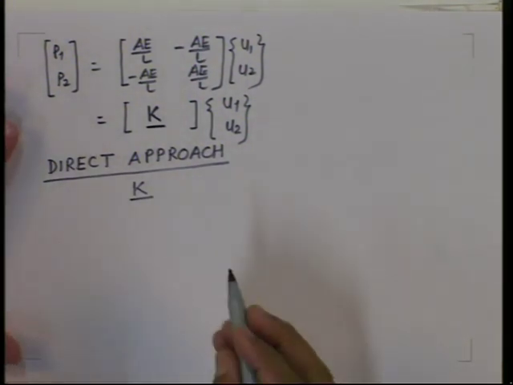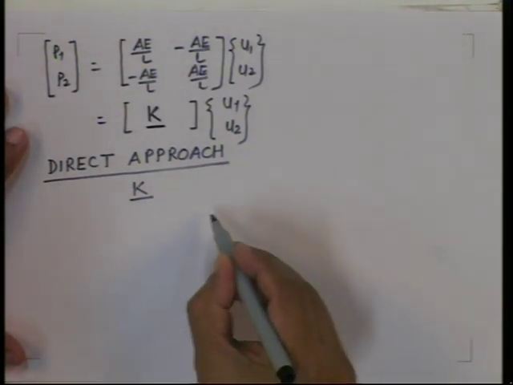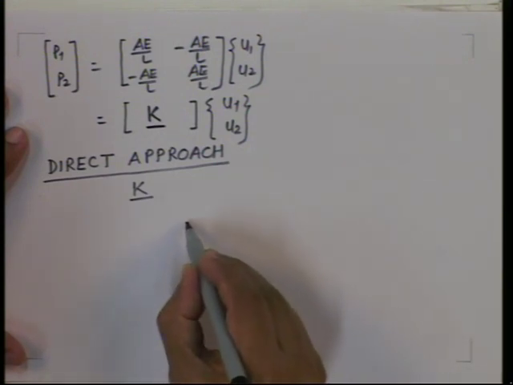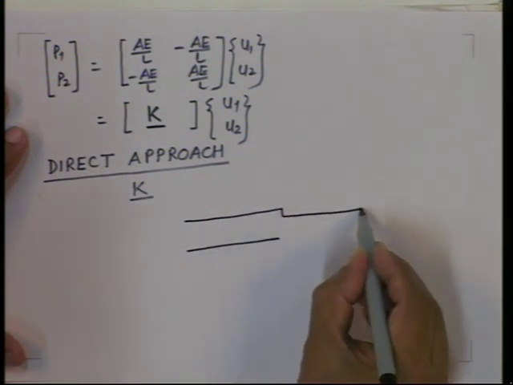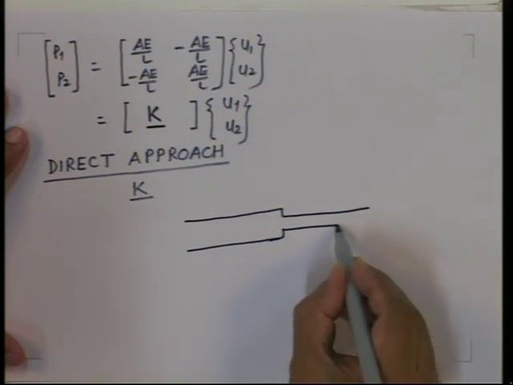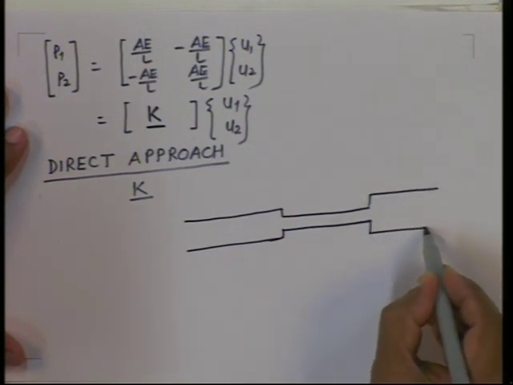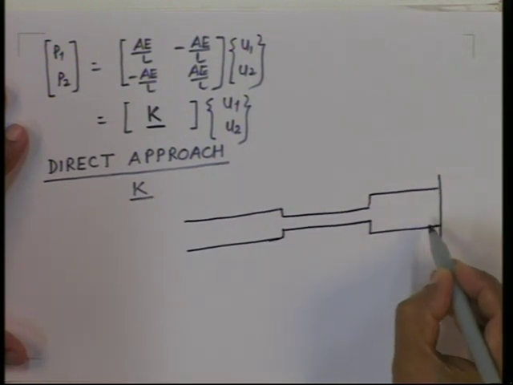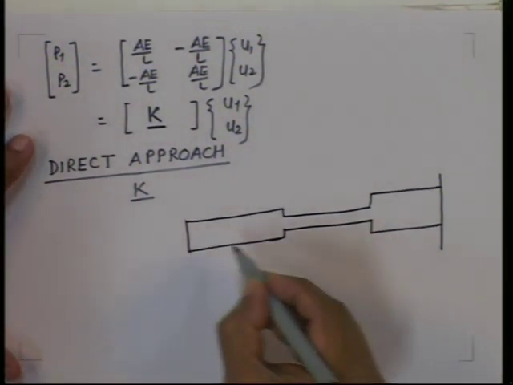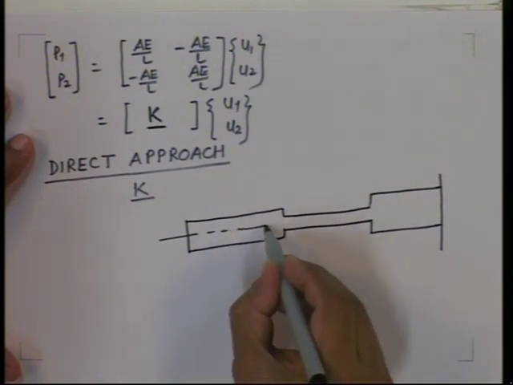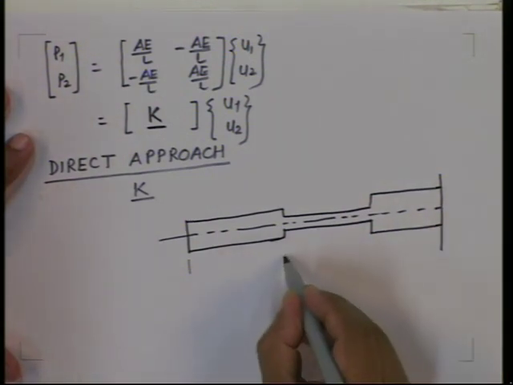So, now if I have a rod, now if I want to solve a problem of a rod having different areas of cross section and the lengths are different.